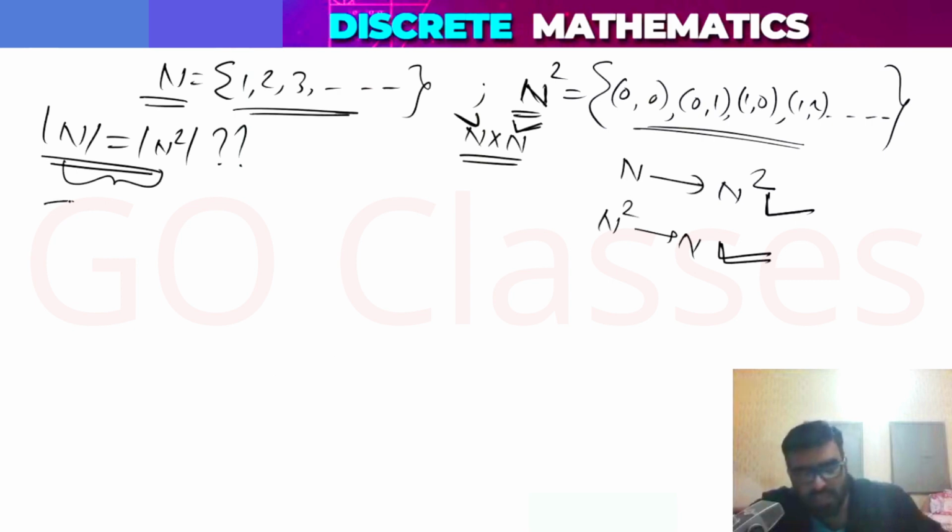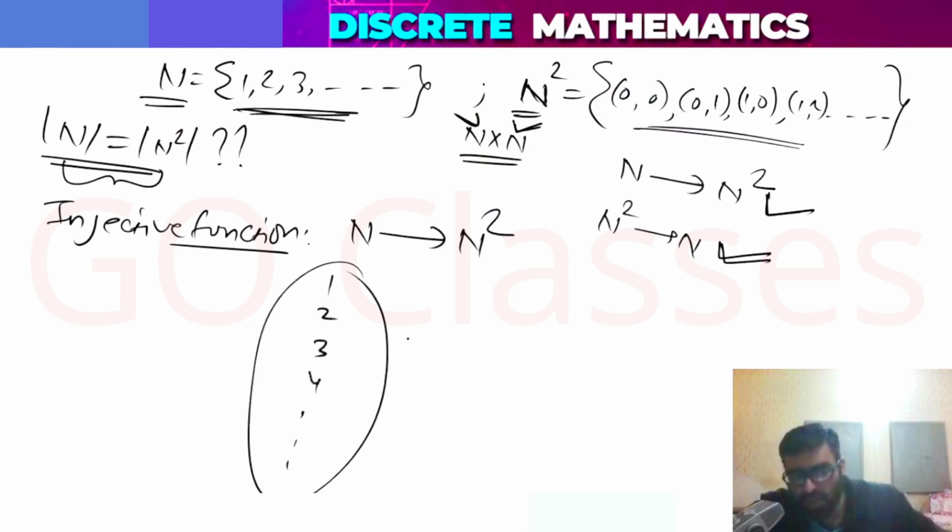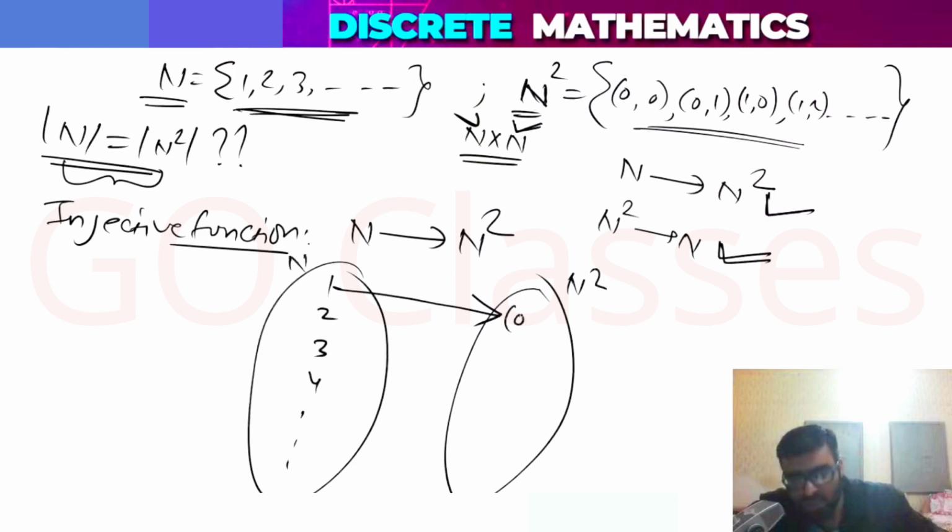Let me give you an injective function from N to N squared. This is very easy. In this N, I have 1, 2, 3, 4 and so on. I will map 1 to (0, 1) in N squared, 2 to (0, 2), 3 to (0, 3), 4 to (0, 4) and so on.